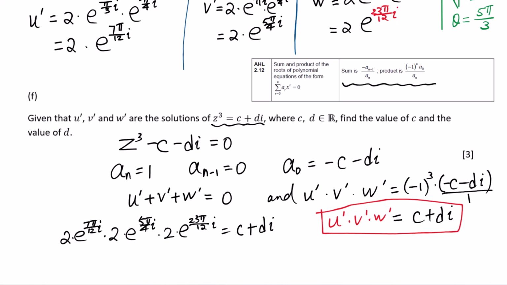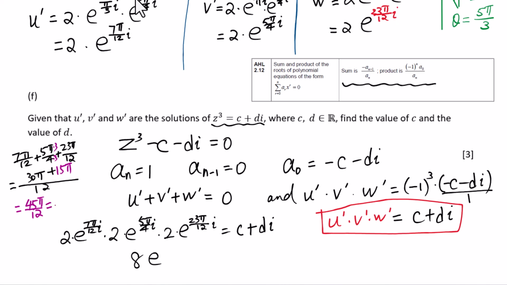Organize: 8 times e to the power of 7 pi over 12 plus 5 pi over 4 plus 23 pi over 12 equals, denominator is 12. 7 pi plus 23 pi is 30 pi, plus 15 pi, so we get 45 pi over 12, reduce to 15 pi over 4.